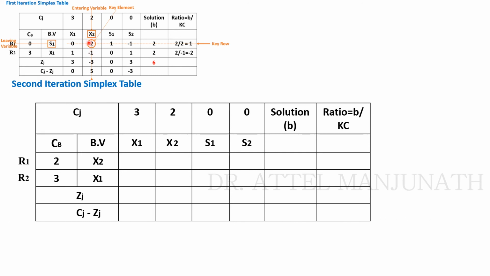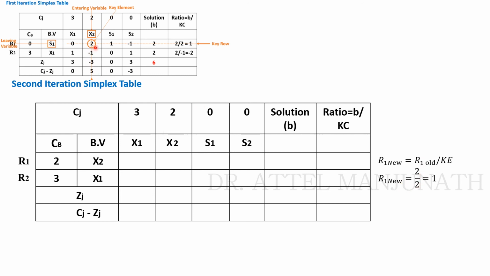Divide all the values in that respective row by the key element. You will get the value 1 for this cell and other values will be different. So for that, you have to take row 1 new is equal to row 1 old by key element. So here the key element value is 2, and whatever values of row 1 old are there, you take those.